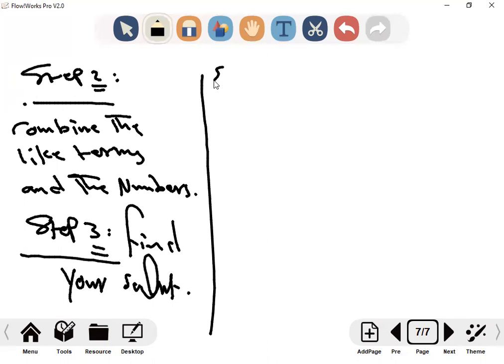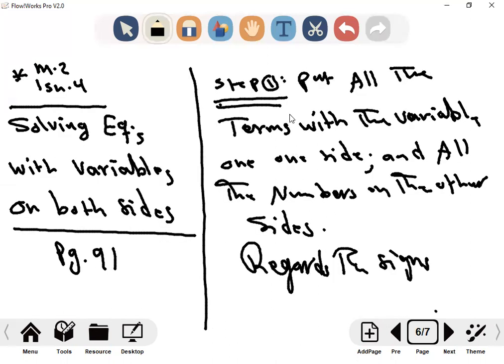Example. Solve, for example, 2x plus 5 equal 9x minus 8. We have variables here and here. Step 1, we said what? Put all the terms with the variable on one side and all the numbers on the other side.